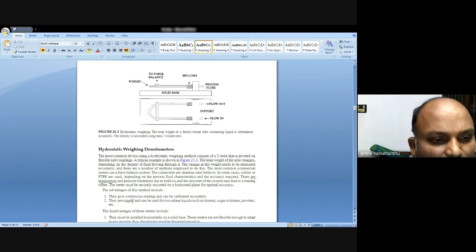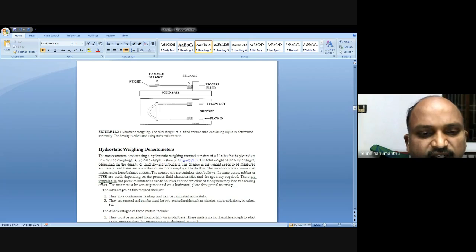There are a number of methods involved. The most common commercial one uses a force balance system, with force summing devices like stainless bellows. The bellows are connected here, so there is a force balance system.